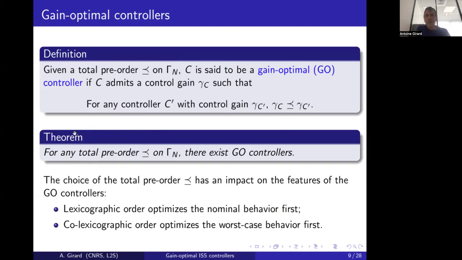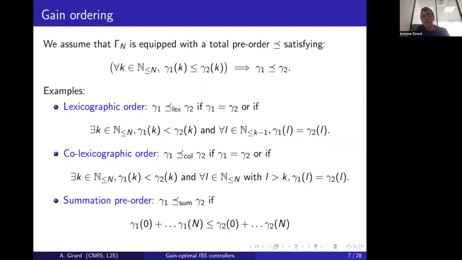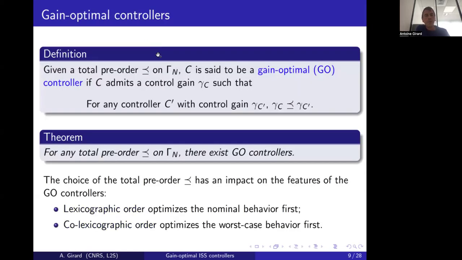And we can show the following result: for any total pre-order satisfying this assumption here, there exist gain optimal controllers. It may not be unique, but there exist gain optimal controllers. So it makes sense to try to compute such controllers.